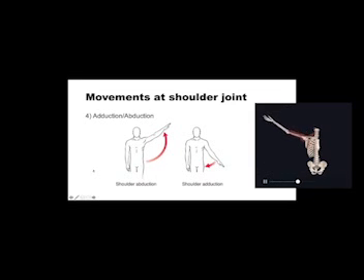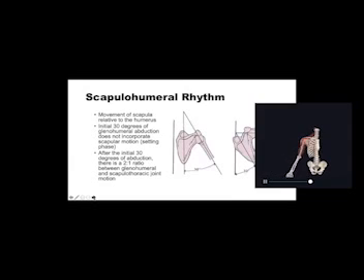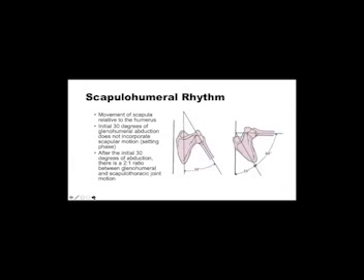When we talk about shoulder abduction, the important concept I want to introduce to you is the scapulohumeral rhythm. The abduction of the shoulder is not only happening at the glenohumeral joint, but also occurs with scapular movement. Nothing new, right? What we talked about before.